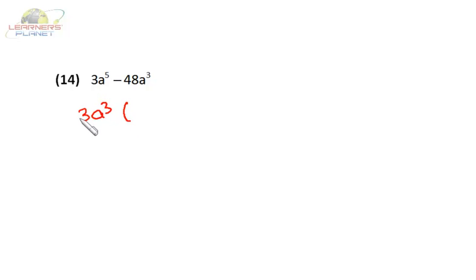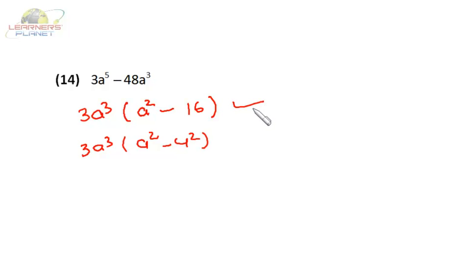Then 3 divided by 3 is 1 and a raised to 5 divided by a cube is a square. Then 48 by 3 is 16 and a cube by a cube will be 1. Now it is a square minus 4 square. Till here we have already done in our previous sessions.